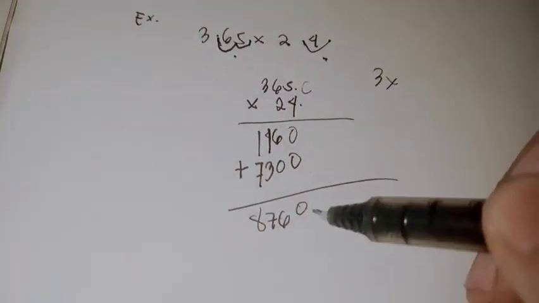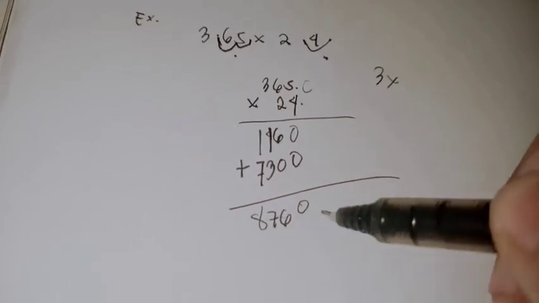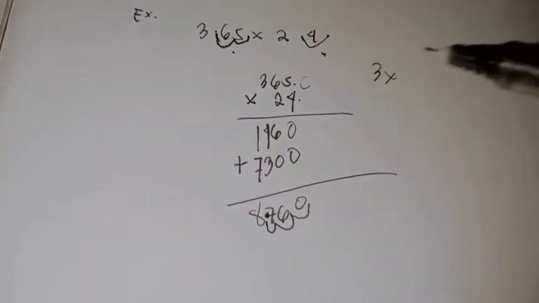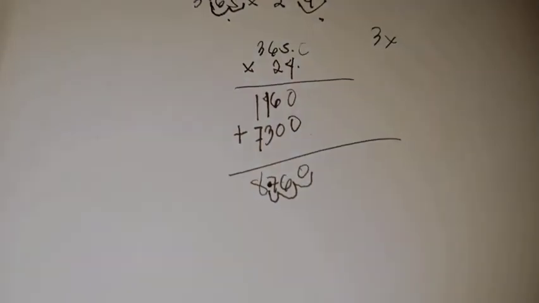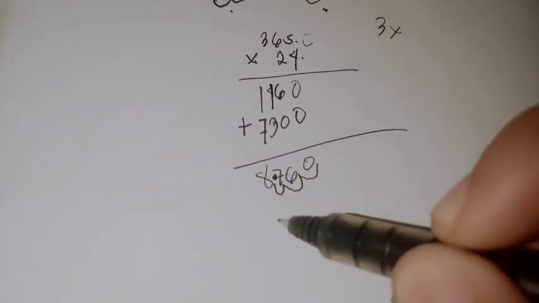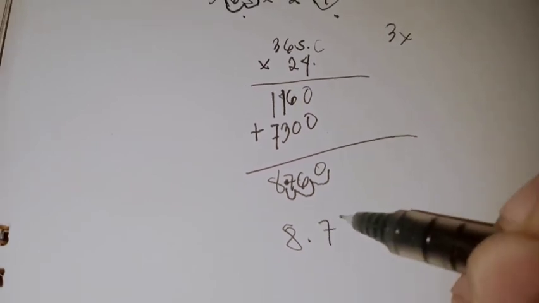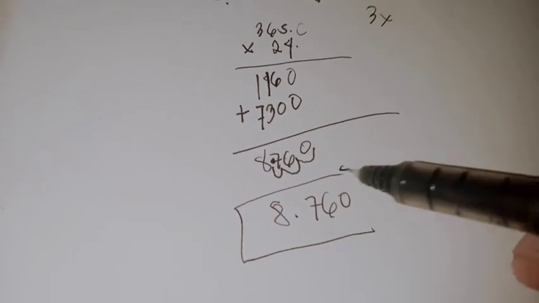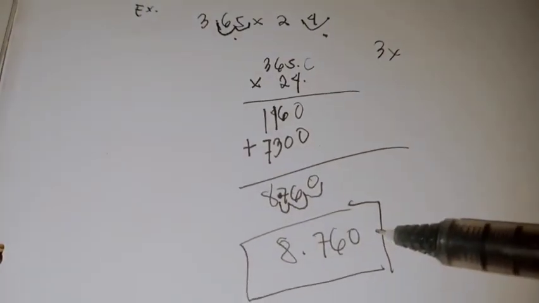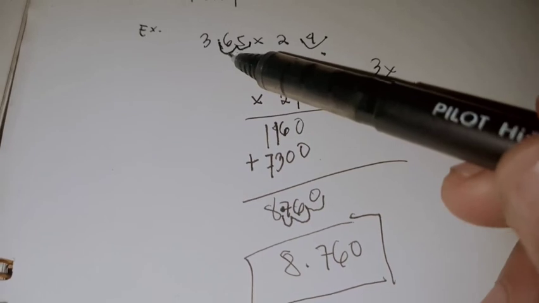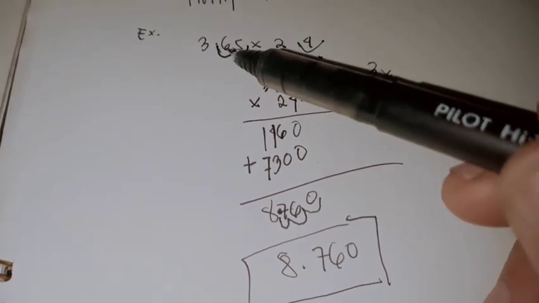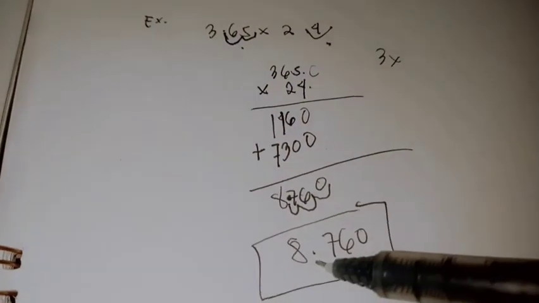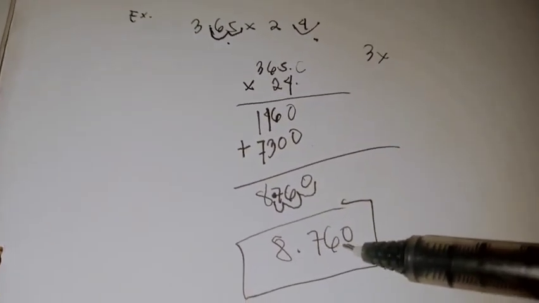So we'll move it to the left 3 times: 1, 2, 3. So the decimal point is there. So the answer is 18. If we multiply 3.65 times 2.4, the answer is still 8.760.